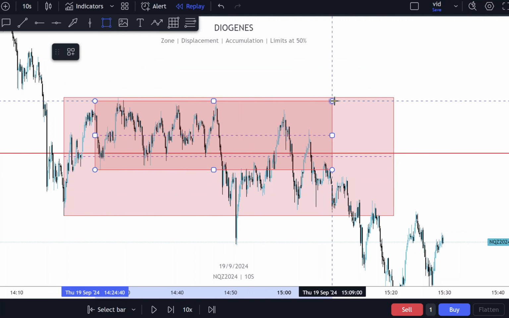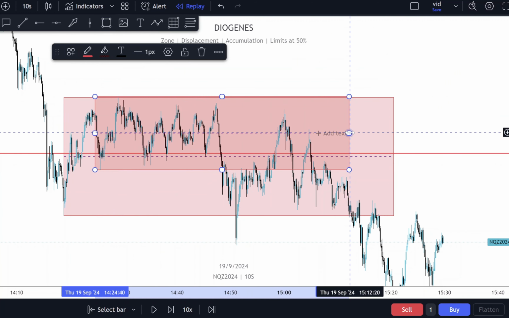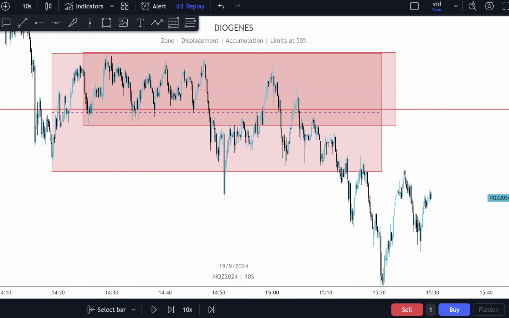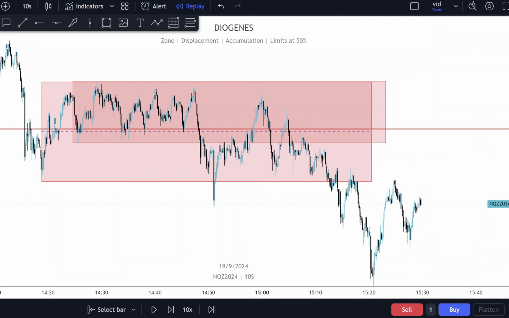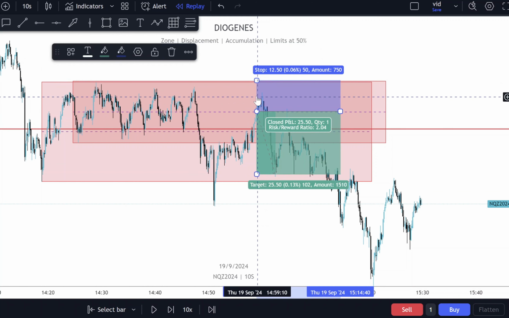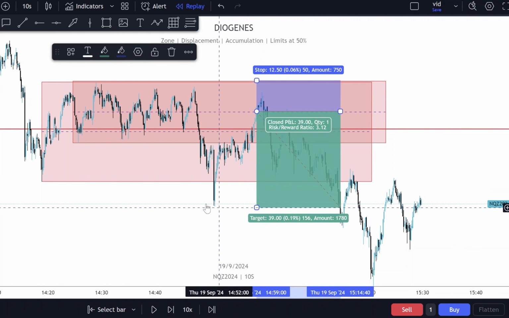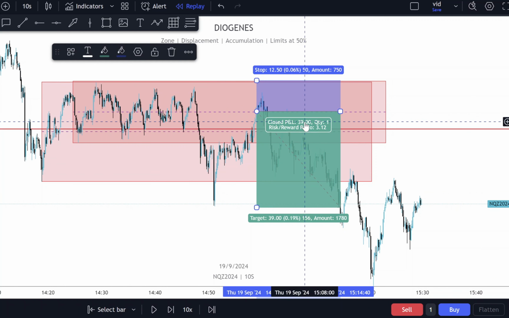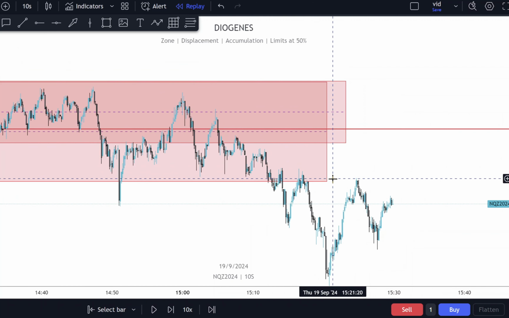This zone had an unmitigated glitch. Right? Your entry for a glitch or a glitch pro max in this case, you take it from the 50% of the glitch and you target this wick low. Okay, it was a 3.2 hour trade, right?